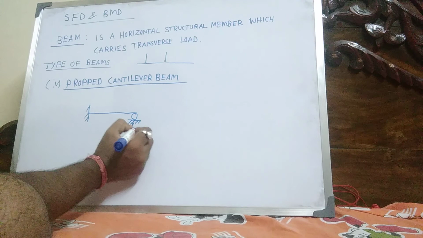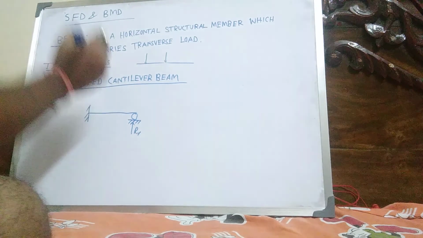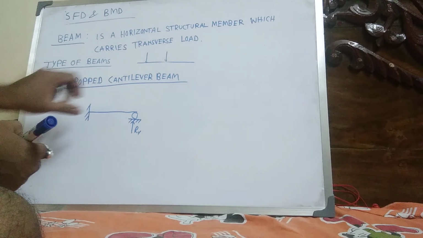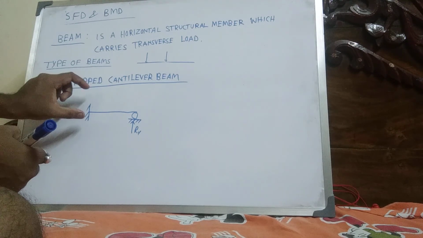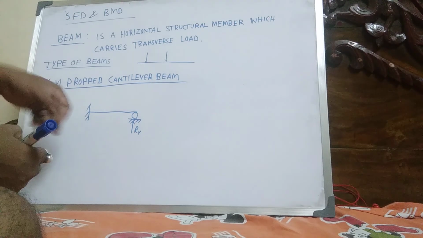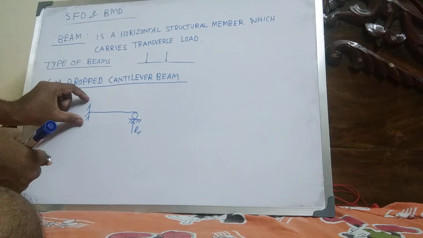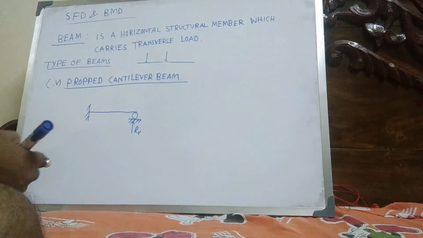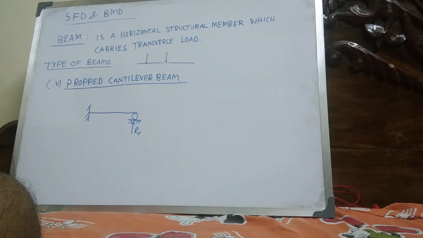Roller support has only Ry, and here three at the fixed support. One end is fixed and the other end is roller support. The number of reactions is 4: 3 reactions here, 1 reaction here. So this is a propped cantilever beam.